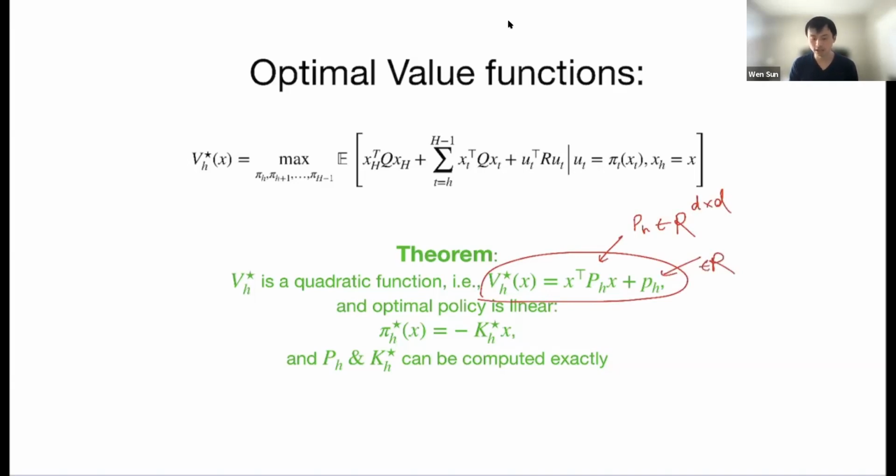And even nicer, we can write the optimal policy as a linear function. Here, K star h is in R^{k times d}. And P and K can actually be computed exactly. That's one of the reasons that people love this model, because it gives you an optimal solution.